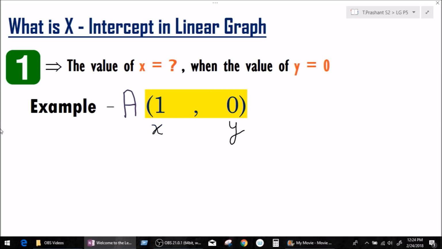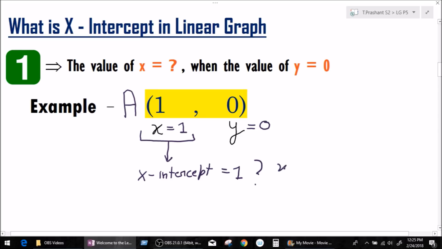So let's have a look at this definition again, which says the value of x when the value of y equals 0. So let's write down the value of x right here. In this coordinate, x is equal to 1, and y is equal to 0. So x-intercept is actually the value of x when y equals 0. So we can say that x-intercept is equal to 1.